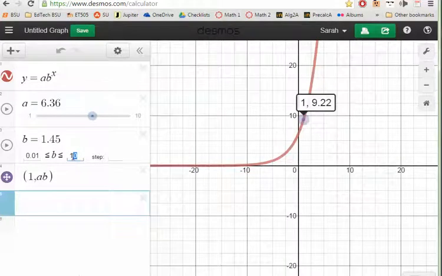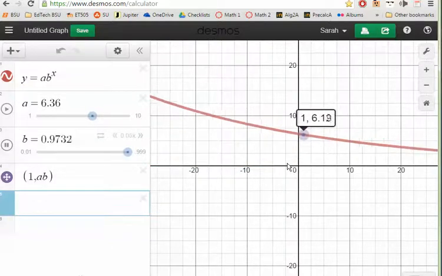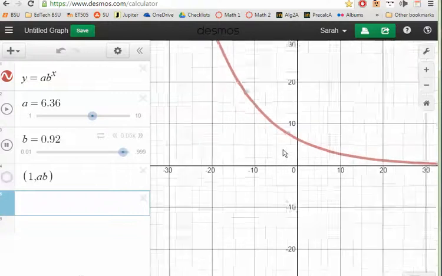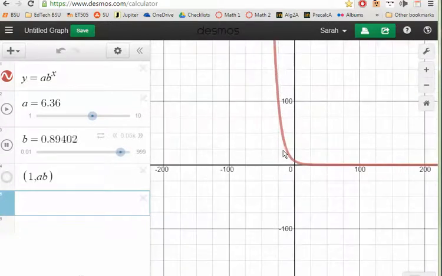And it has to be less than 1, so I'm just going to write it as 0.999 or something. Okay, did I get that decimal point in there? Yeah, okay. So if we push that, you're going to get a very different graph. Let's make this point go away. Here we have decay.